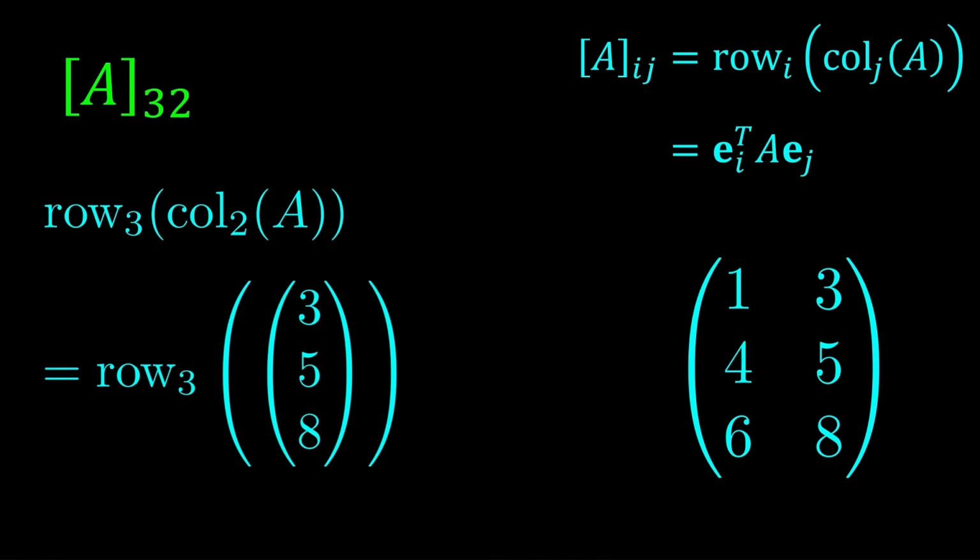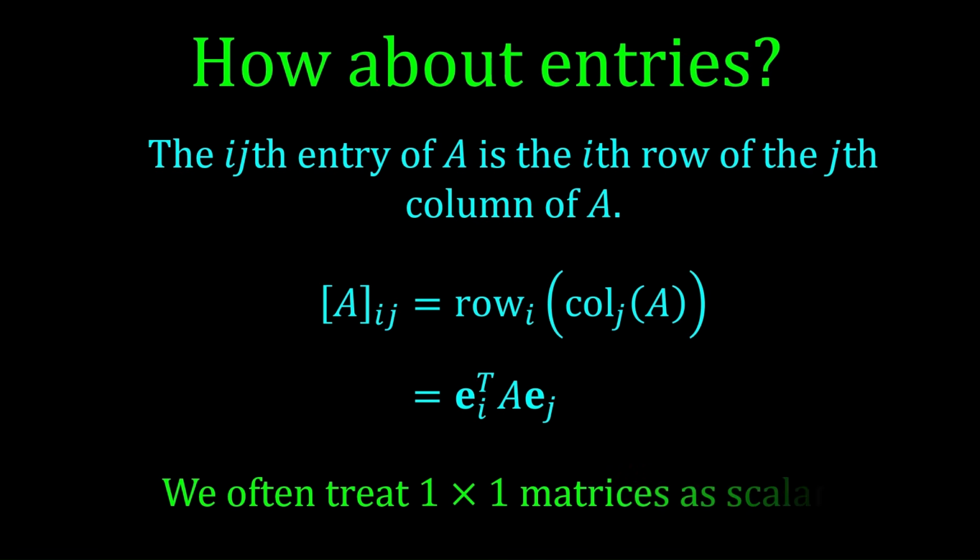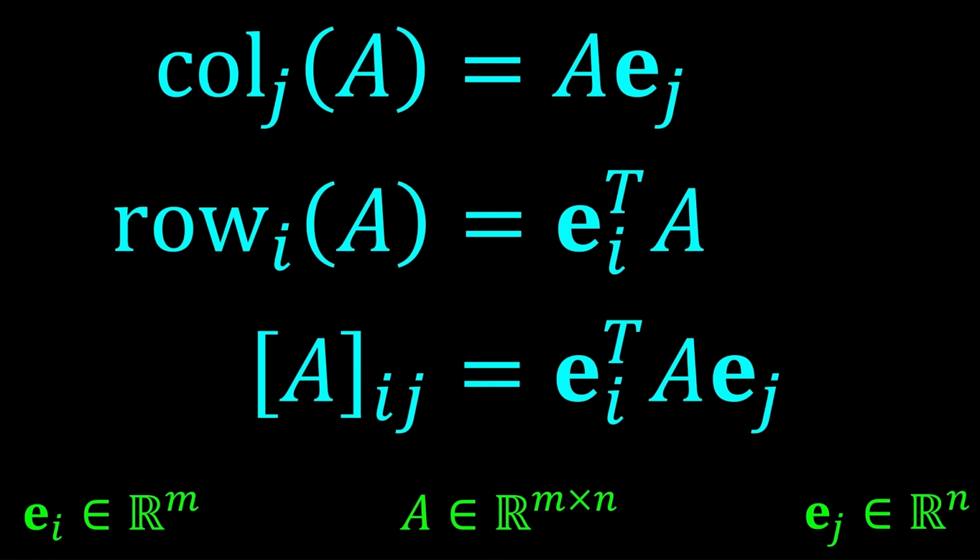Now what's a bit weird here is technically this would be the 1 by 1 matrix containing 8, not really the number 8. But in linear algebra, we often treat 1 by 1 matrices as scalars, as numbers basically. So this should be fine. So these are our three formulas: A e_j, e_i transpose A, e_i transpose A e_j.